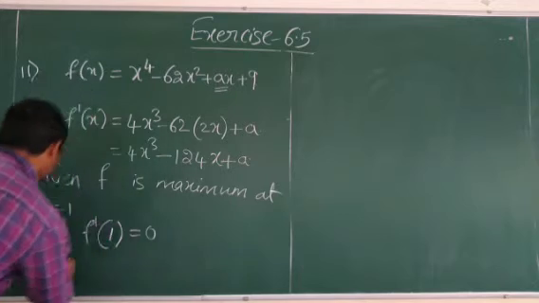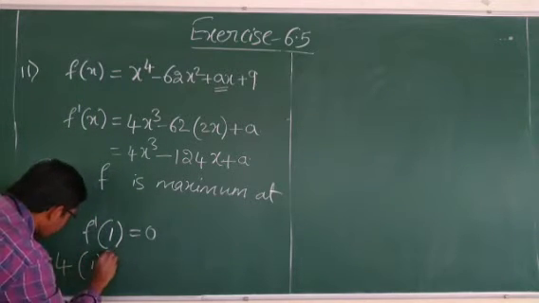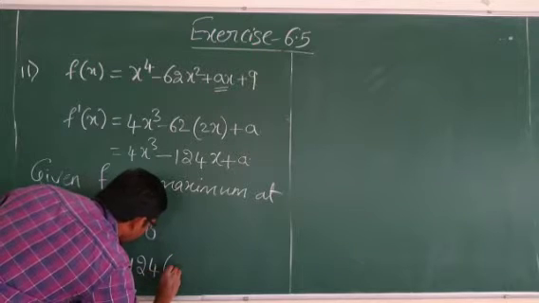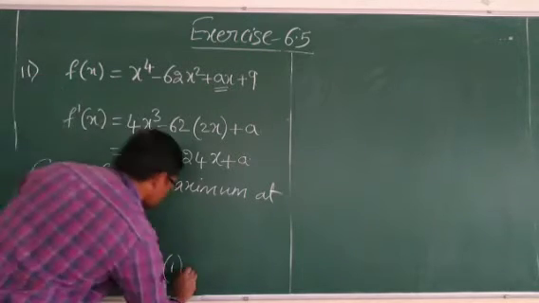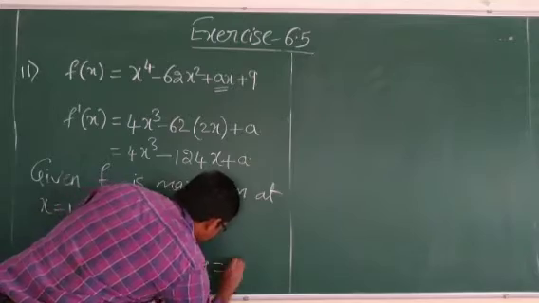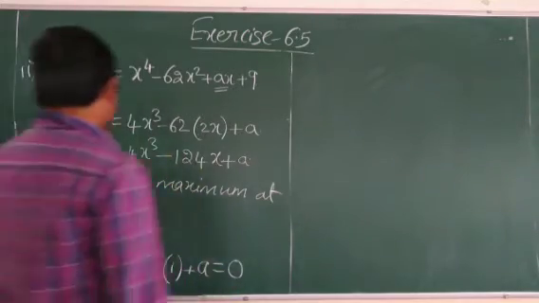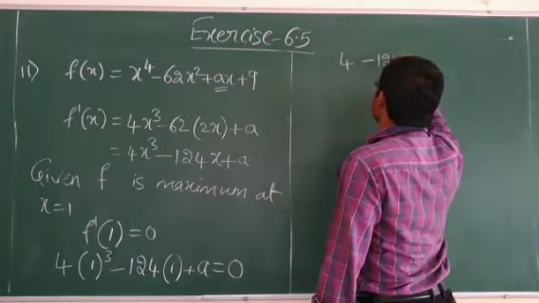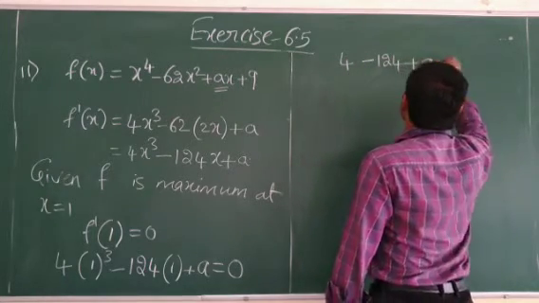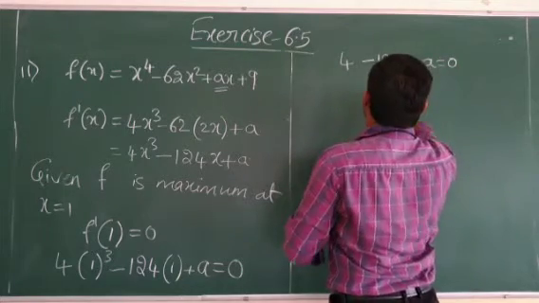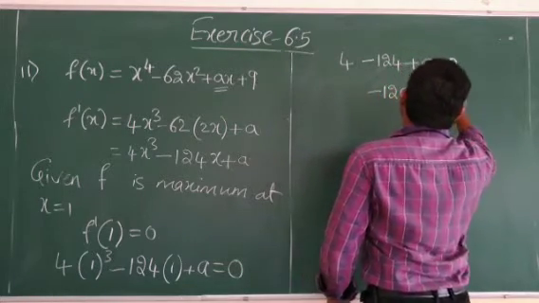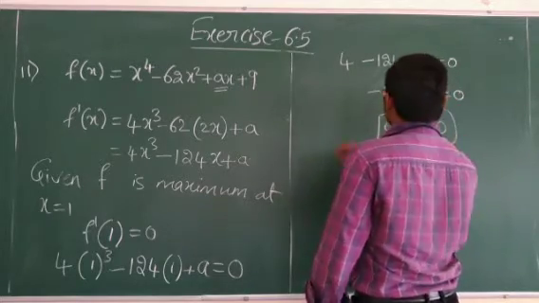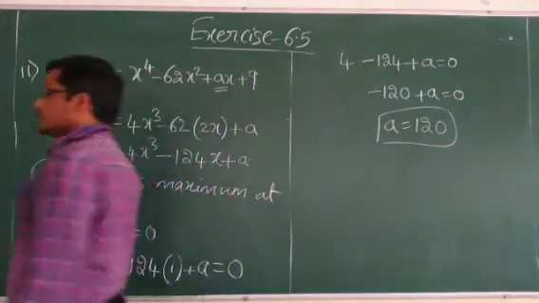So we get 4 into 1 cube minus 124 into 1 plus a equal to 0. So we get 4 minus 124 plus a, so we get the value of a to be equal to 120.